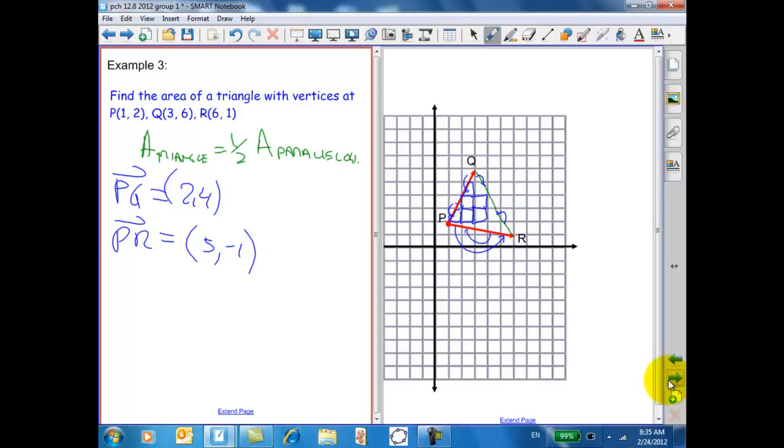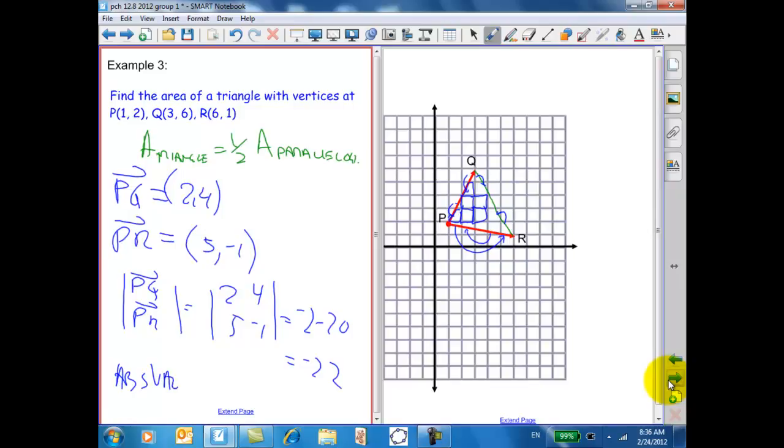And that's how we're going to do our parallelogram, PQ and PR. It doesn't matter which one you put on top, because if it ends up being negative, you're going to do the absolute value anyway. So you got 2, 4, 5, negative 1. That's negative 2 minus 20, negative 22. The absolute value of negative 22 equals 22.